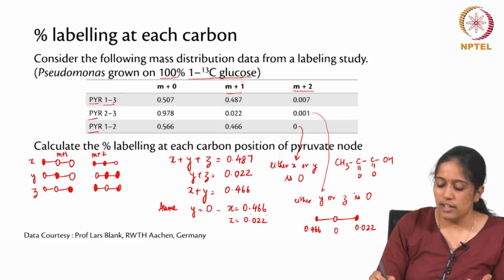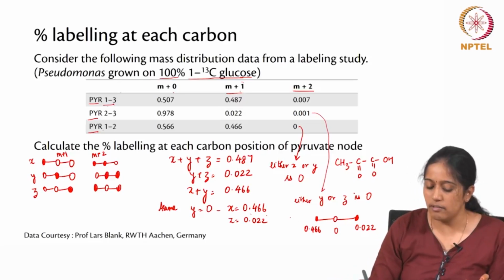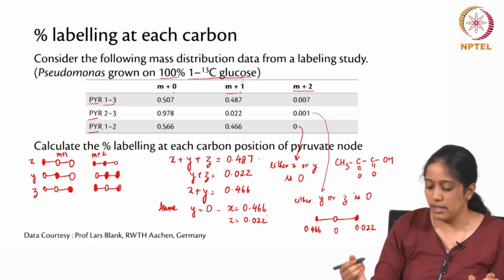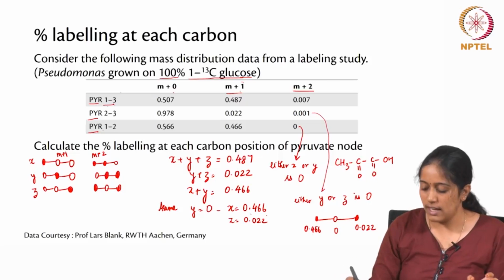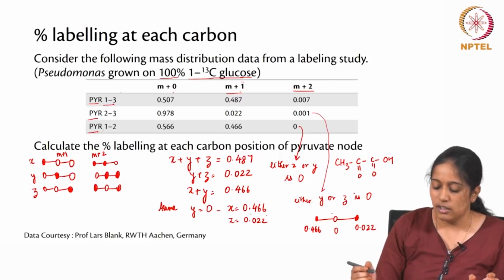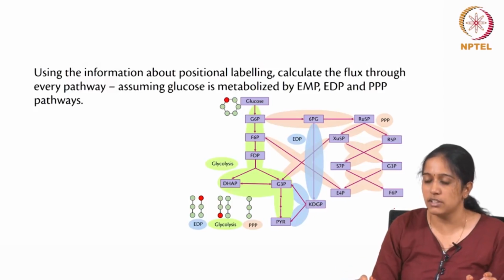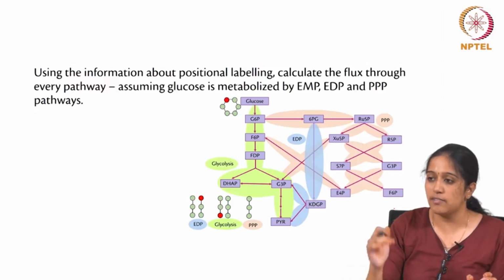This could be one of the solutions of the pyruvate being labeled at so and so positions. Now, I want to see how this positional information can be used to calculate the flux.